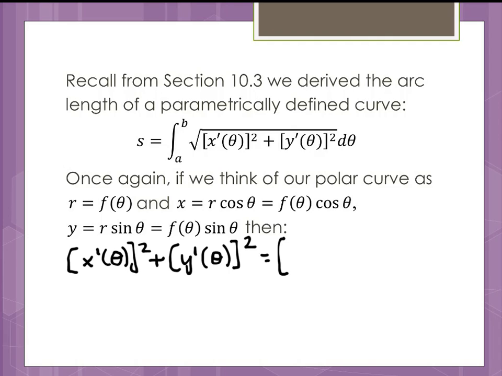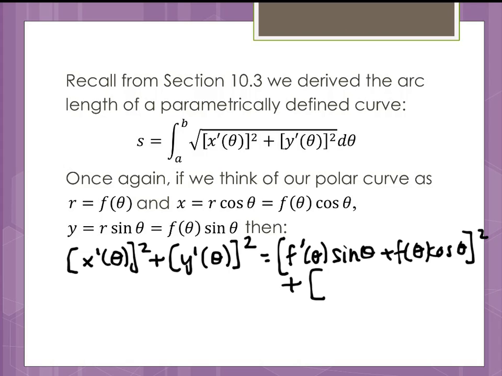All right, so for x prime, we had f prime of theta cosine of theta. I'll put it in the order you guys gave it to me, because I believe you had it backwards of how I wrote mine down. F prime of theta sine theta plus f of theta cosine of theta, squared.